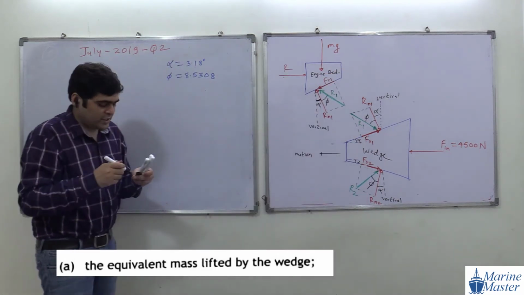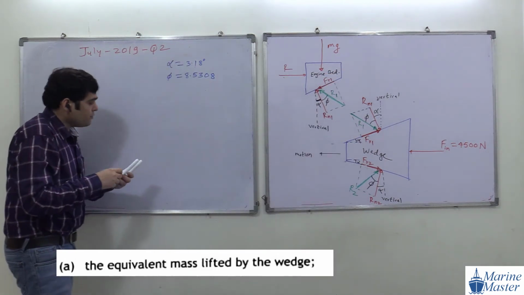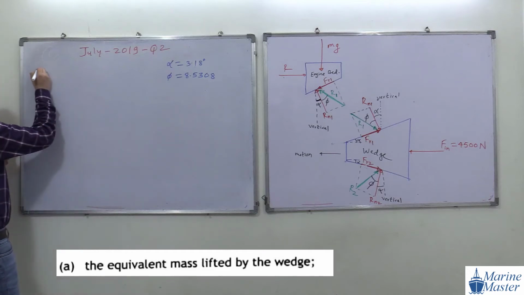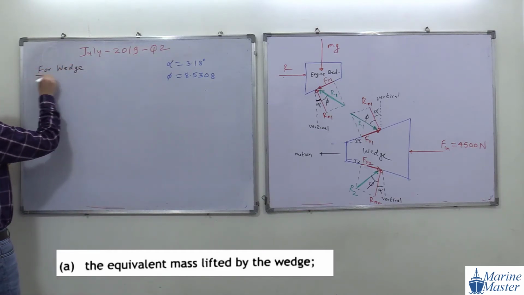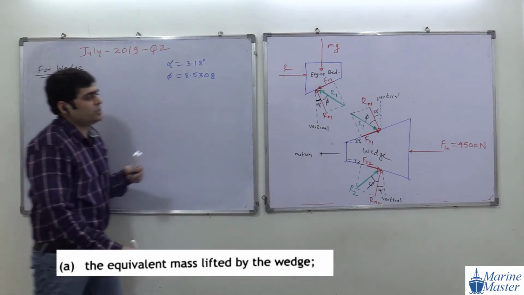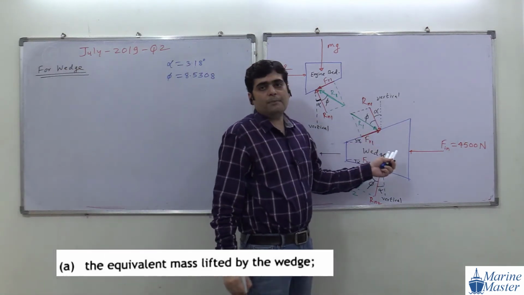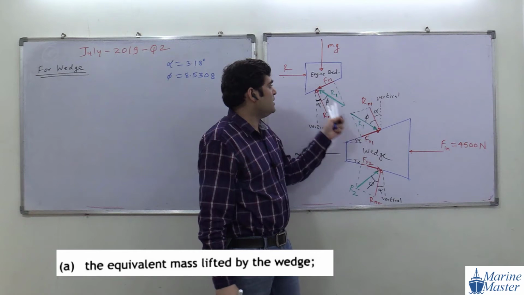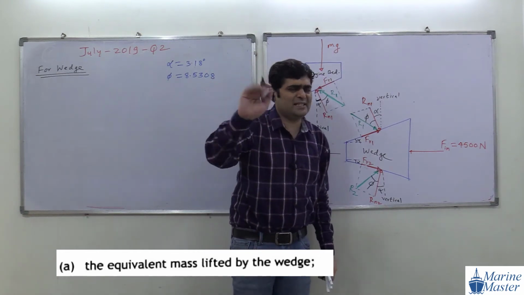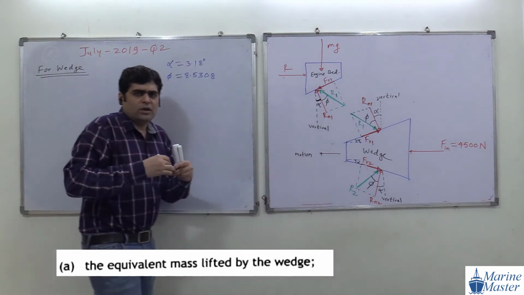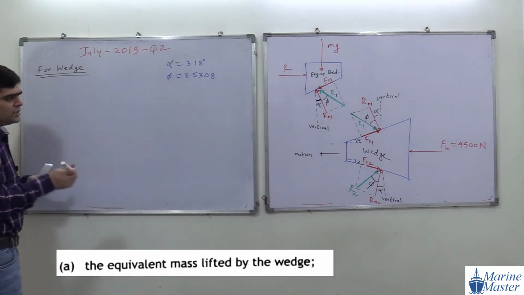We will first consider the wedge and form a force vector diagram for it. With the help of the wedge we find R1, and with the help of R1 we find m. Very simple scenario.